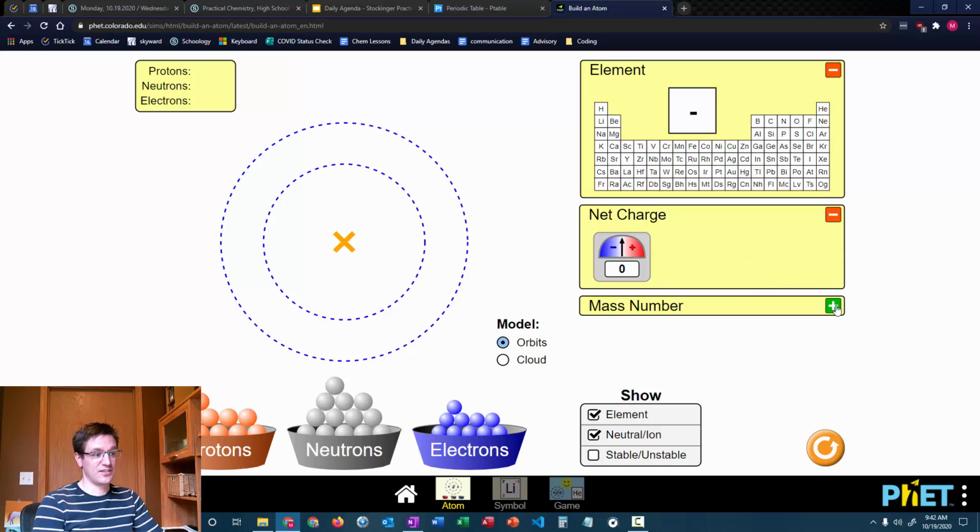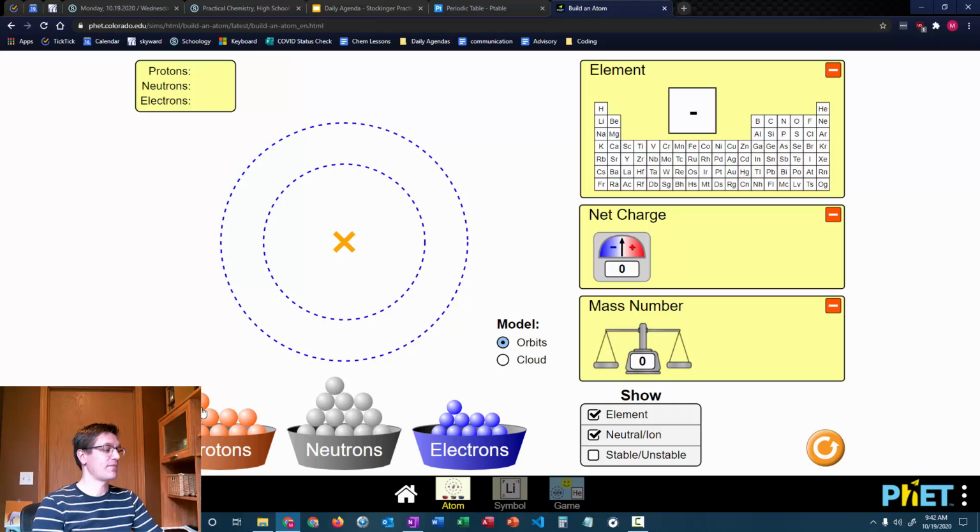So in here, I can click these plus boxes to see some extra information like the charge and the mass number. And as you can see, when I put a proton in there, now I have a hydrogen ion. It's an ion because protons are positively charged. And once I balance that out with a negative electron, now this is a normal hydrogen atom.